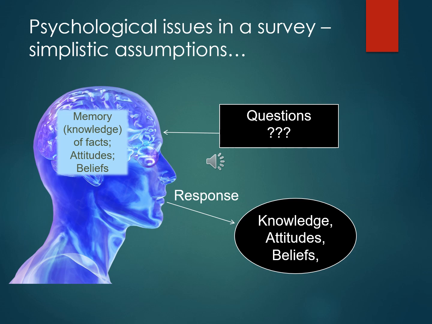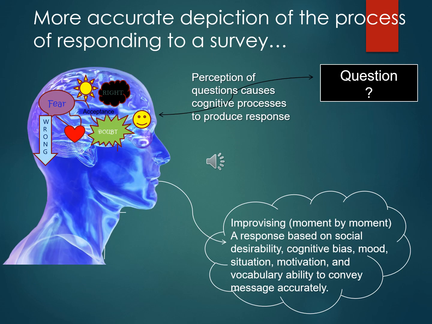A more sophisticated understanding of the process underlying people's survey responses is more complicated. First, the question needs to be perceived, and then it needs to be processed cognitively for interpretation.